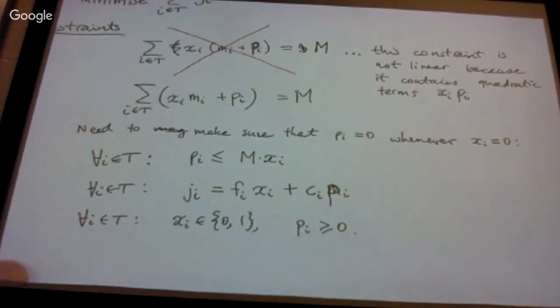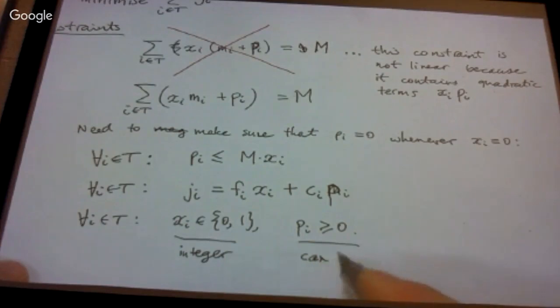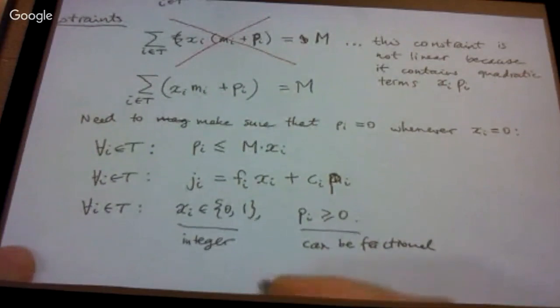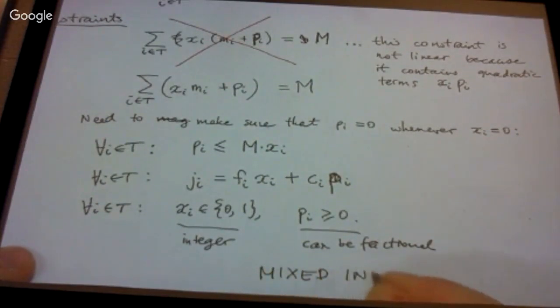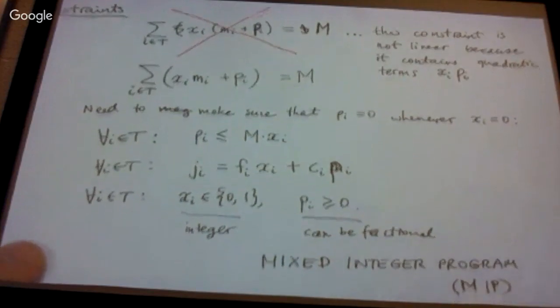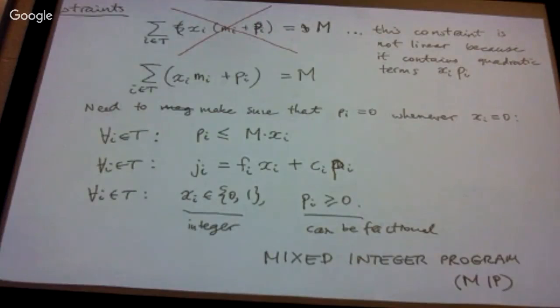So when you have something like this, where some of the variables are integer and this one can be fractional, it's called a mixed integer programming formulation, so mixed, because it's a mixture of integer and fractional.